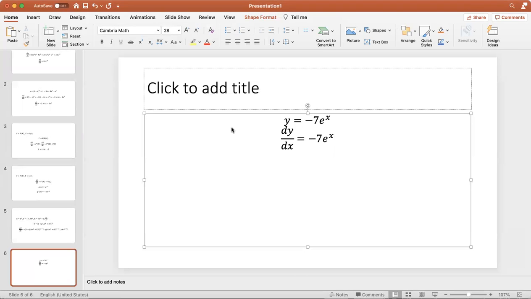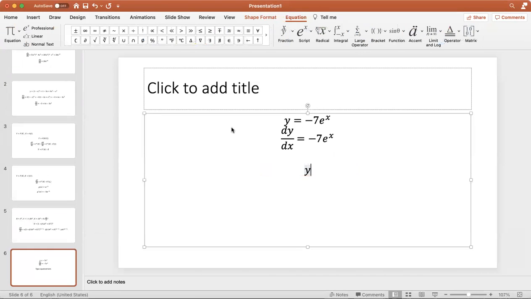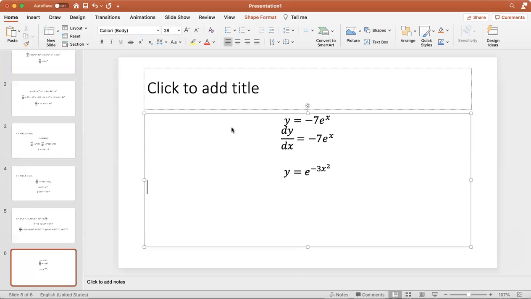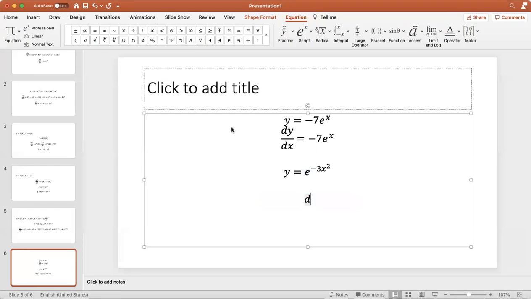Okay. Right. Now, next we have y equals e raised to some function, right? Some negative 3x squared. You take the derivative of this expression, you have dy over dx. So that's application of chain rule.